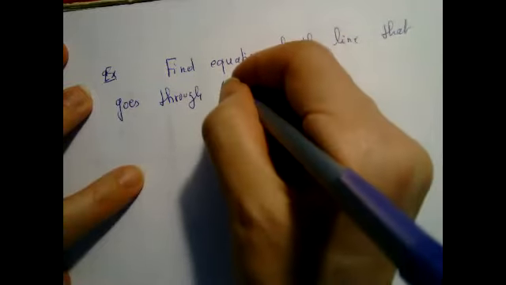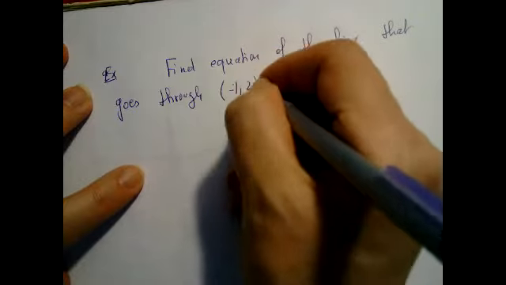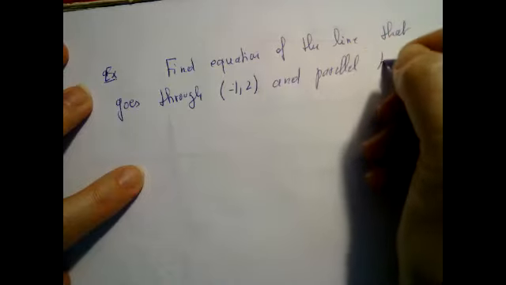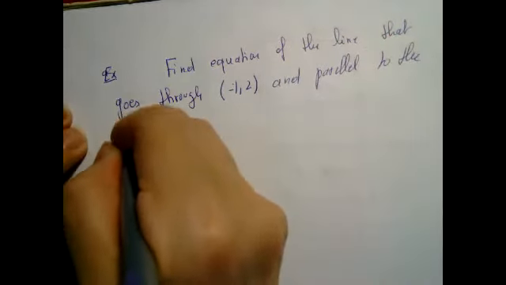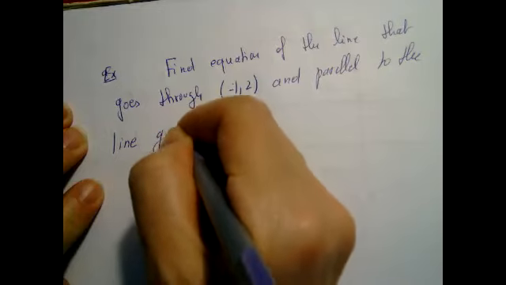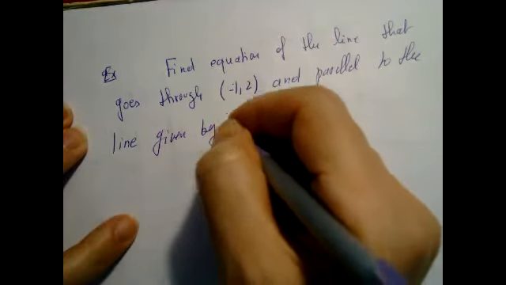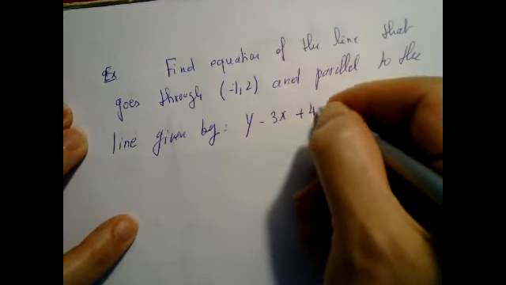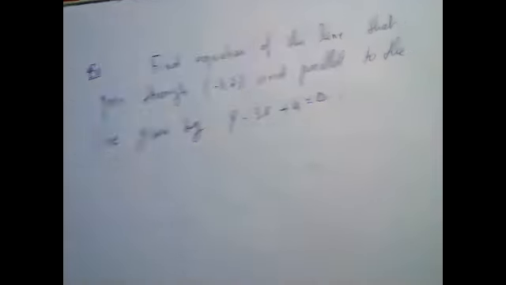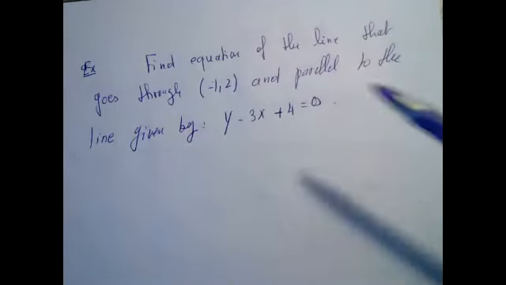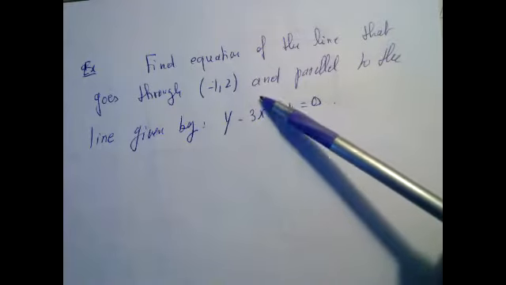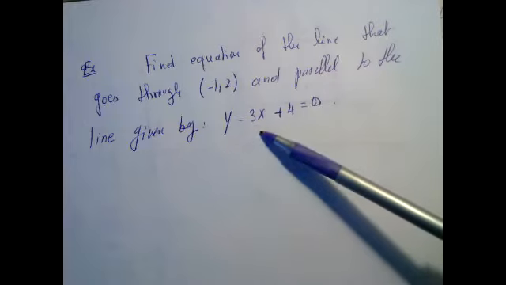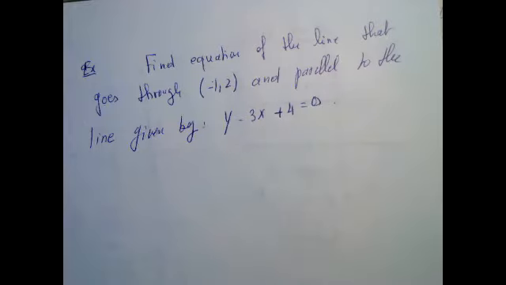I'm going to make up the point -1, 2, and it's parallel to the line given by the following equation: y - 3x + 4 equal to 0. Okay, so I move my hand and I read it. Find the equation of the line that goes through -1, 2, that's the point. It's parallel to the line given by y - 3x + 4 equal to 0.